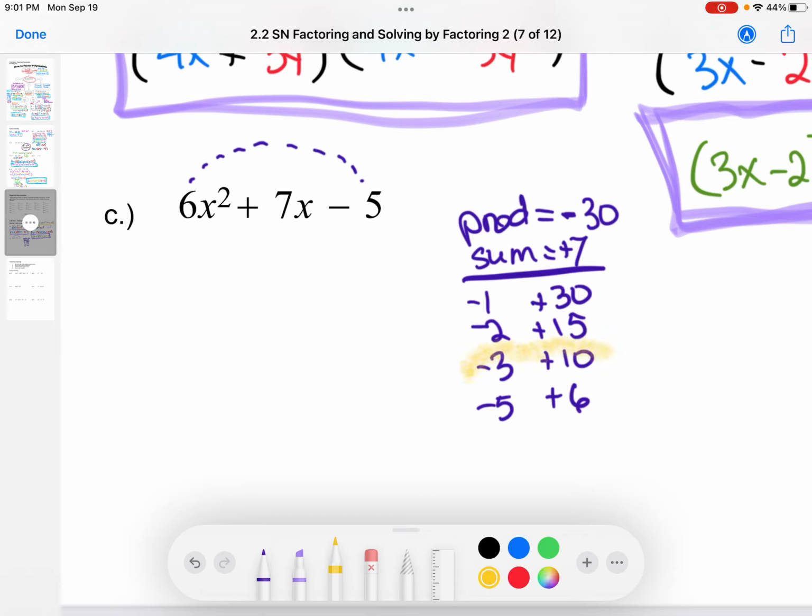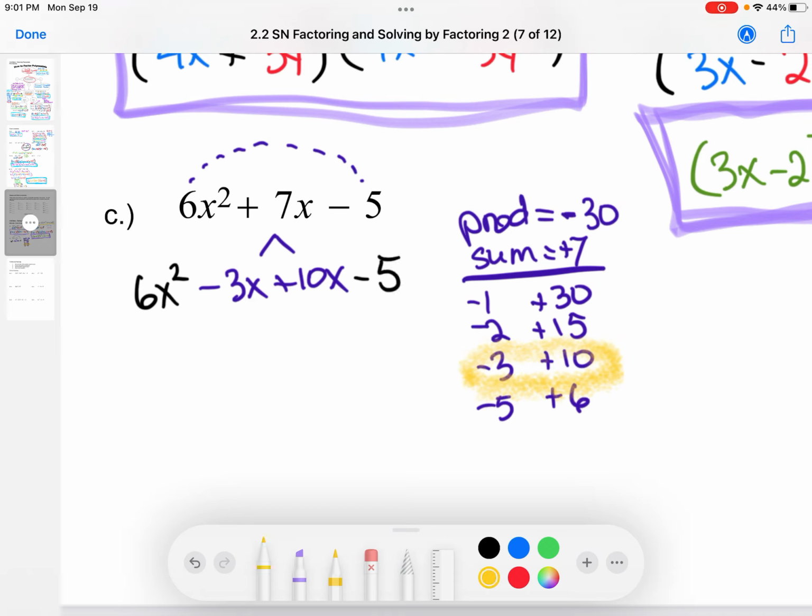So if we check out those pairs, negative 3 and positive 10 add up to be our positive 7. So we'll use those magic numbers and we will split this middle term into negative 3x plus 10x. Use the magic numbers we just found with the variable that was already on that middle term. So we'll still have a 6x squared.